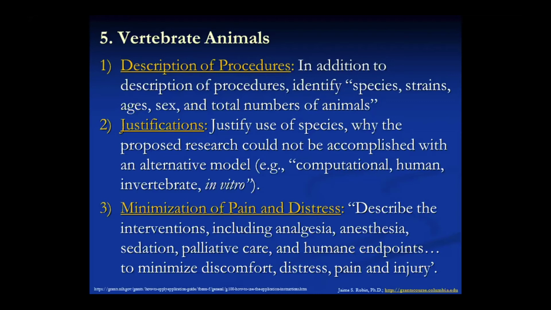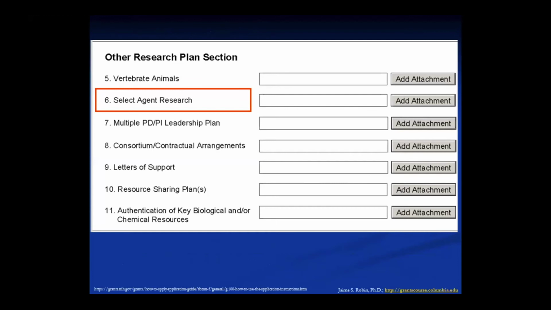So justifying the numbers and the species, and minimizing any pain or distress in the course of the study. Select agent research. If any of you are doing research with select agents, you've probably been in contact with your biohazards committee at your institution.